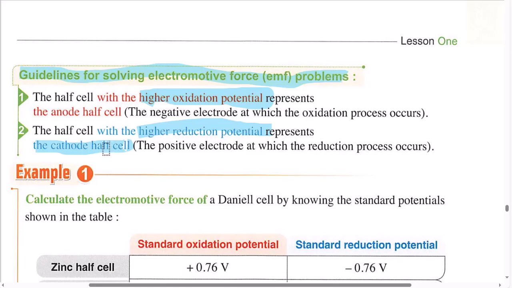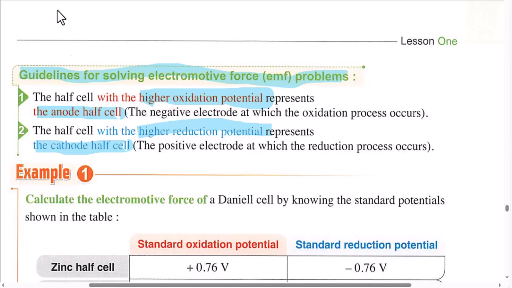When the value of oxidation is given to you, you have to know which oxidation potential is higher. The higher oxidation potential of the two electrodes refers to the anode half cell.